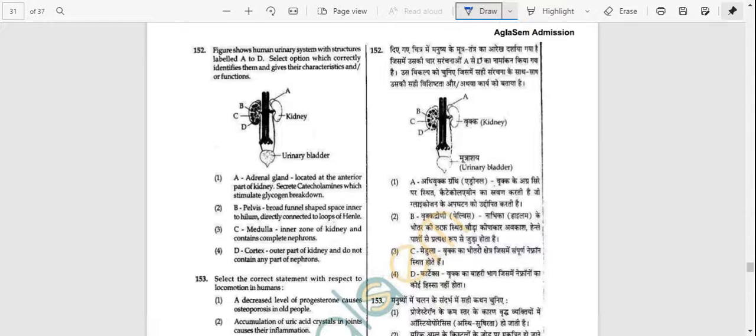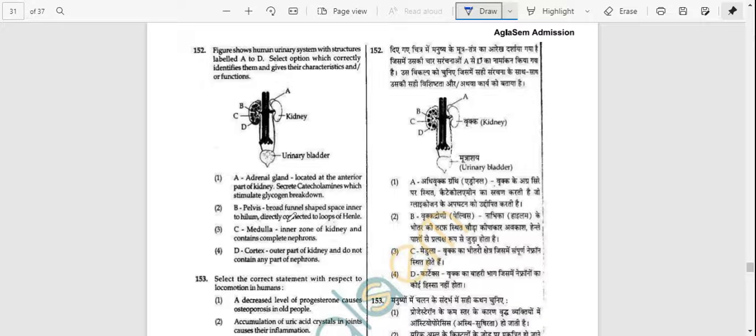Question number 152. The figure shows the human urinary system with structures labeled A to D. Select the option which correctly identifies them and gives their characteristics or function. A. Adrenal gland, located at the anterior part of the kidney, secretes catecholamines which stimulate glycogen breakdown.